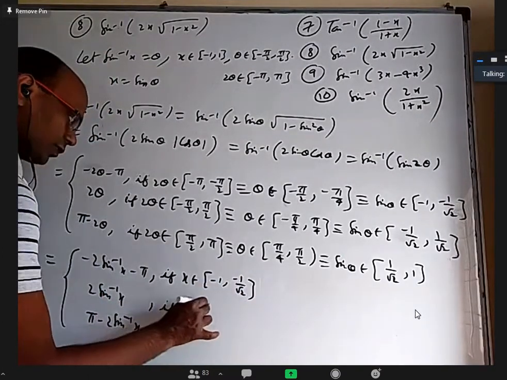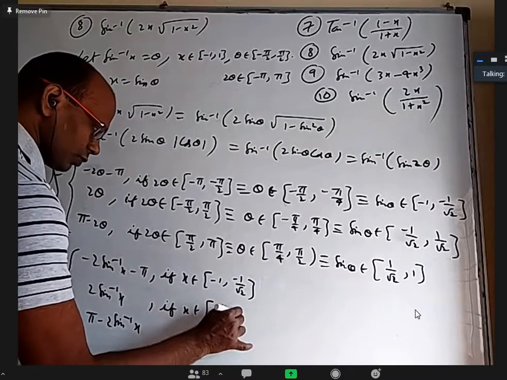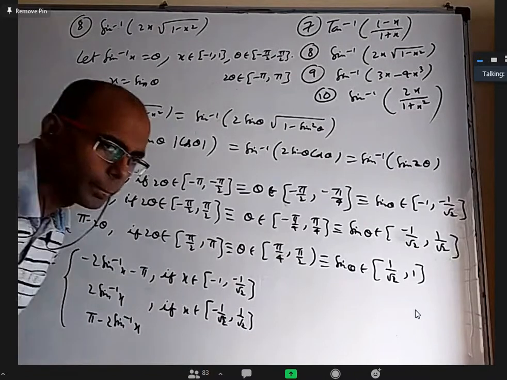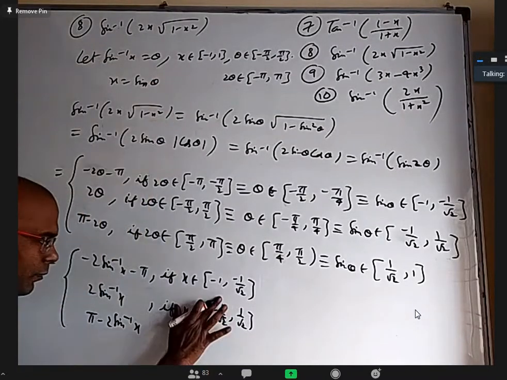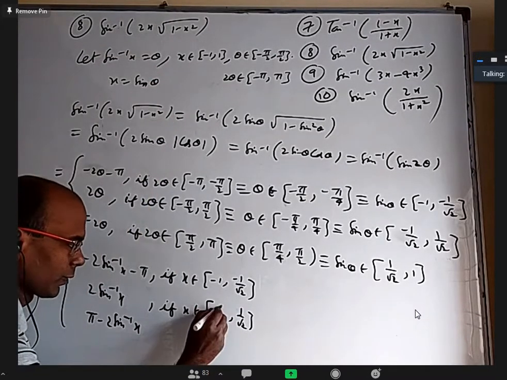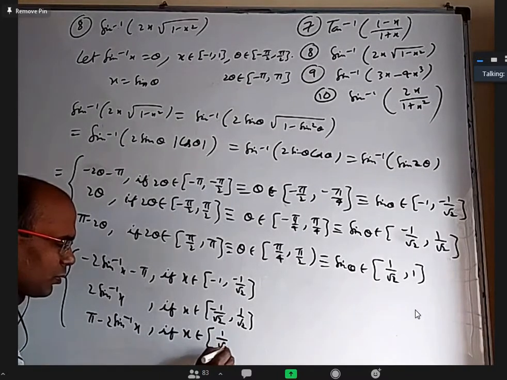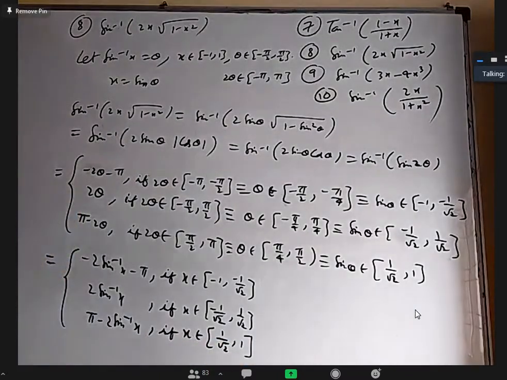This is if x belongs to minus 1 by root 2 to 1 by root 2. This is if x belongs to 1 by root 2 to 1. Okay, later on ninth one also will come quite similar.